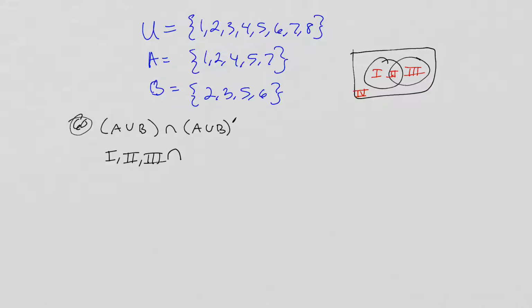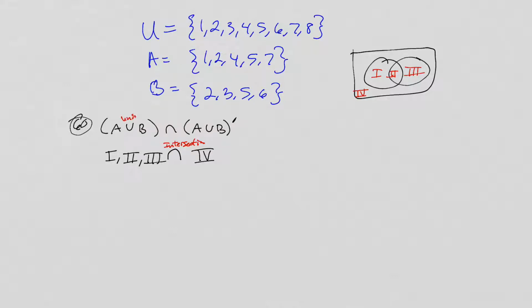Now, what is the other side? Well, the other side is the complement of the union. And the complement of the union means not the union. So whatever we just wrote down, what's the other region that's not included? That's region 4. Okay, so remember, the upside down U means intersection.